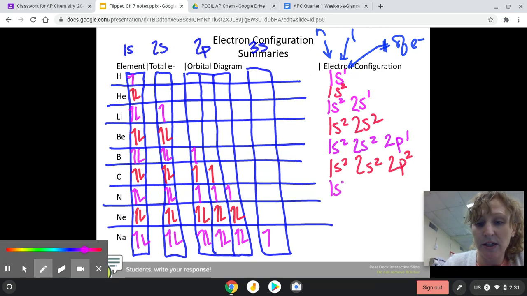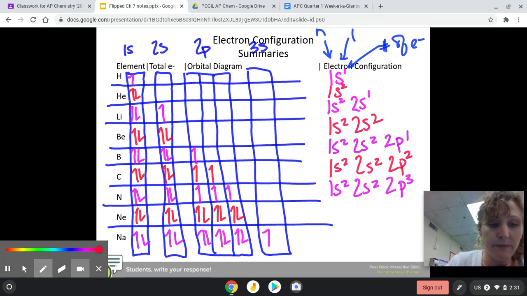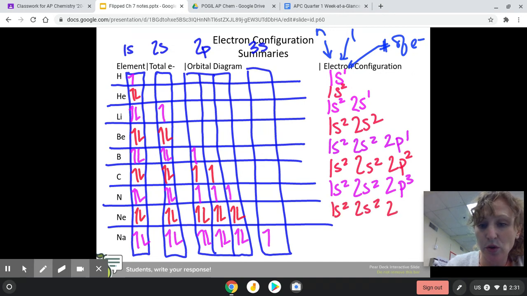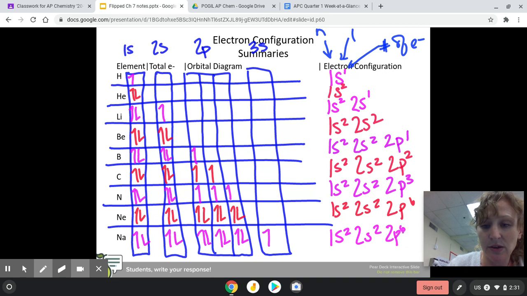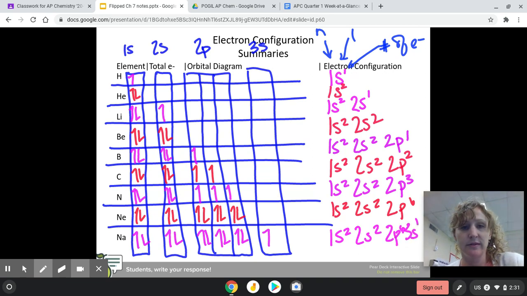Nitrogen will be 1s2, 2s2, 2p3. Neon will be 1s2, 2s2, 2p6. Sodium will be 1s2, 2s2, 2p6, 3s1. All right.